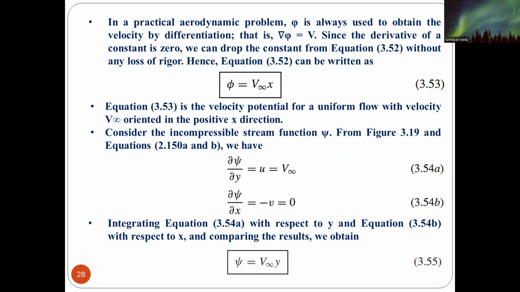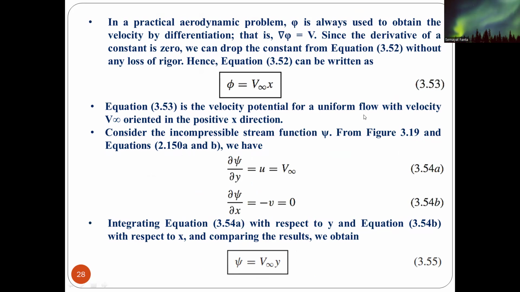In a practical aerodynamic problem, phi is always used to obtain the velocity by differentiating, that is, the gradient of phi is equal to V. Since the derivative of the constant is 0, we can drop the constant from our equation. So finally, phi is equal to V infinity x.